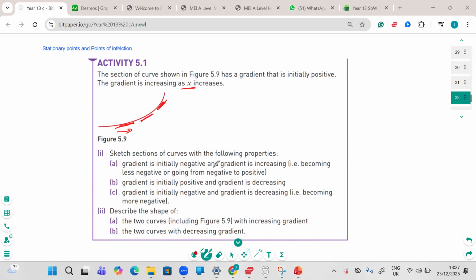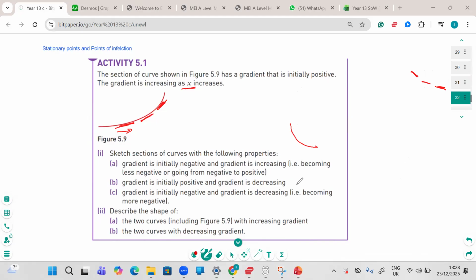Part A: gradient is initially negative, it is going down, and gradient is increasing. In order to increase the gradient, it should be something like this, isn't it? It is becoming lesser negative, or going from negative to positive. So the curve would be like this.